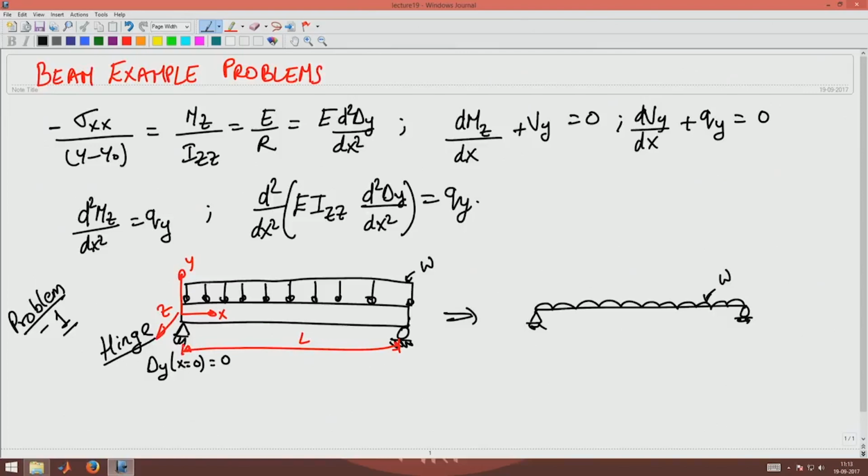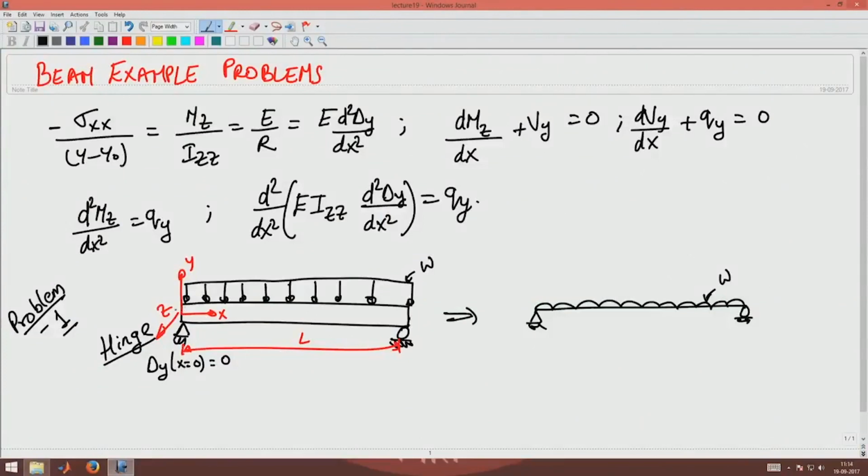It is free to rotate, since it is simply supported it can rotate freely, but it can't resist any stresses, since there is no continuity at the hinged end.